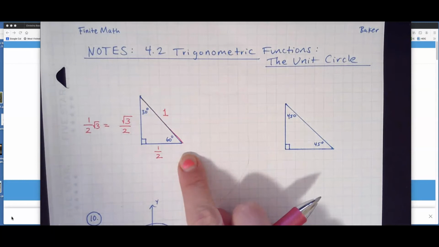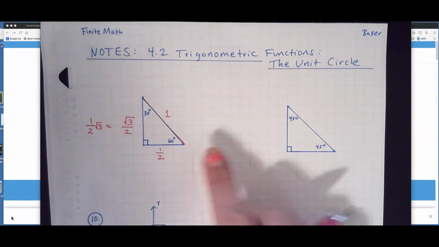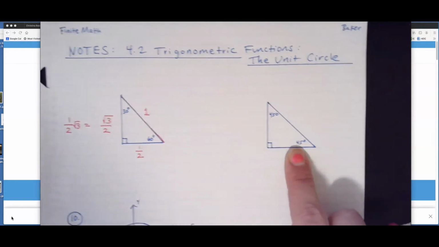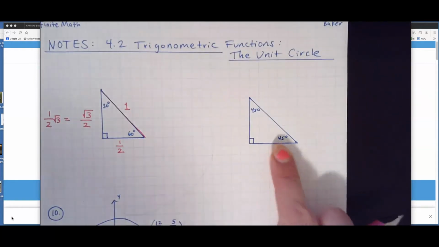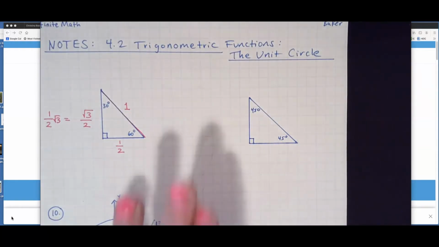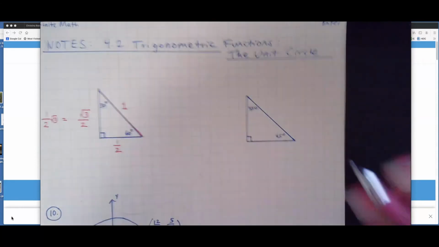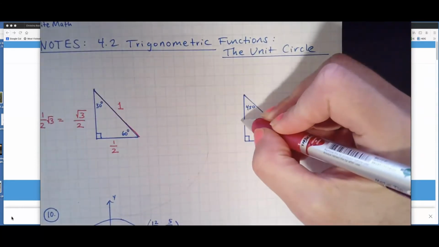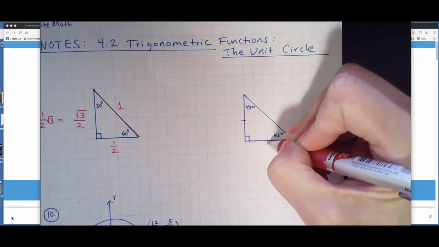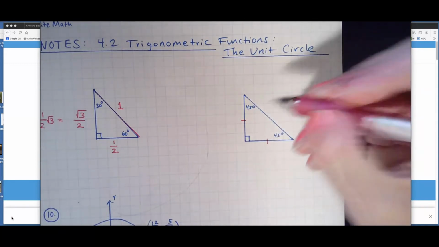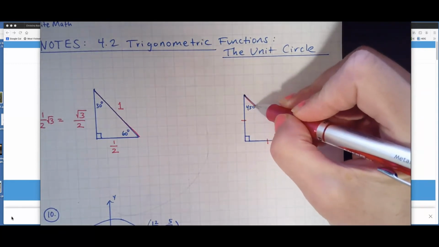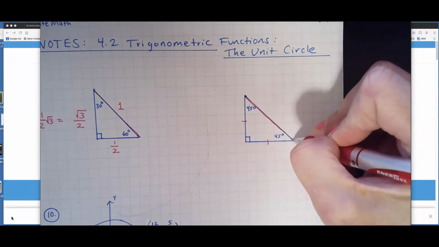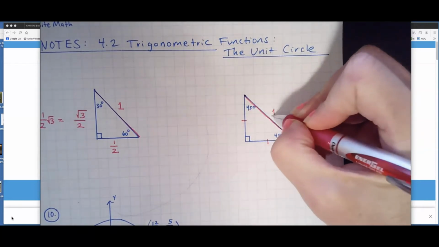If you want to write that at the top of your homework as a reference, that would be good. Then, if you happen to end up with a 45-45-90 right triangle, then we know that the two legs are congruent, and again this would be like the radius from our circle. The radius is 1.